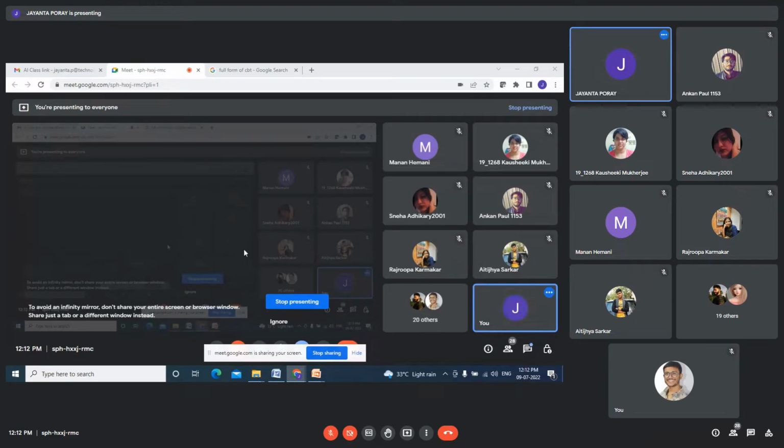Therefore, the acknowledgement frame is actually appended with the original frame which is sent from the receiver to the sender.